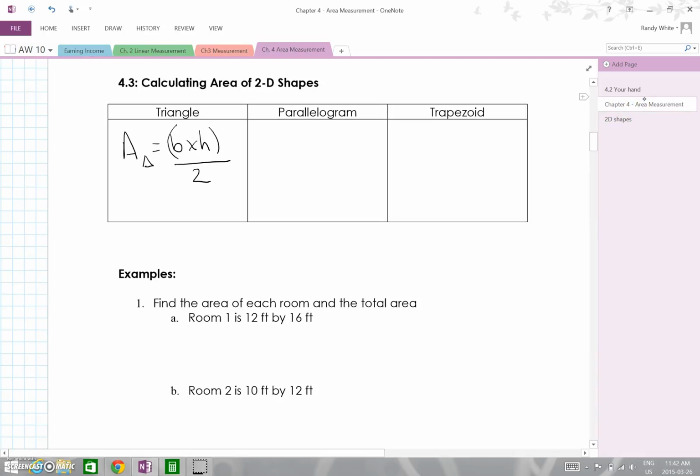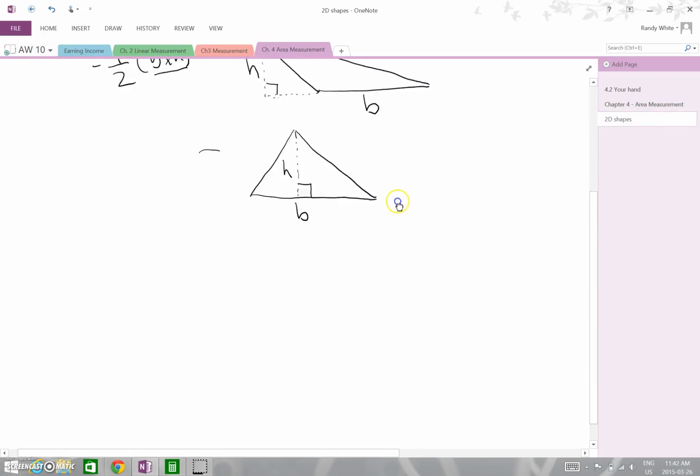Okay, parallelogram. A parallelogram is basically like a rectangle that's kind of been pushed over. So the area of a parallelogram is simply base times the height.